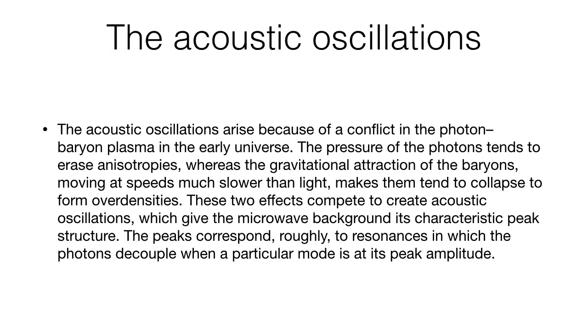So going back to these acoustic oscillations, if we want to have an oscillation, we need two forces, one pushing in one direction and another pushing in the other direction. When we have two forces pushing in different directions, they would cause vibrations, and that is where the oscillation comes from. So we need to know where the sources of these forces are.